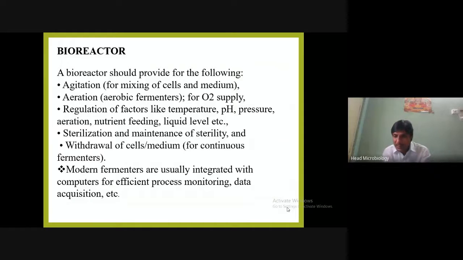So all the vaccinations are produced in fermenters only. Whatever the drugs may be, all those things are produced through fermentation at the fermenter level.